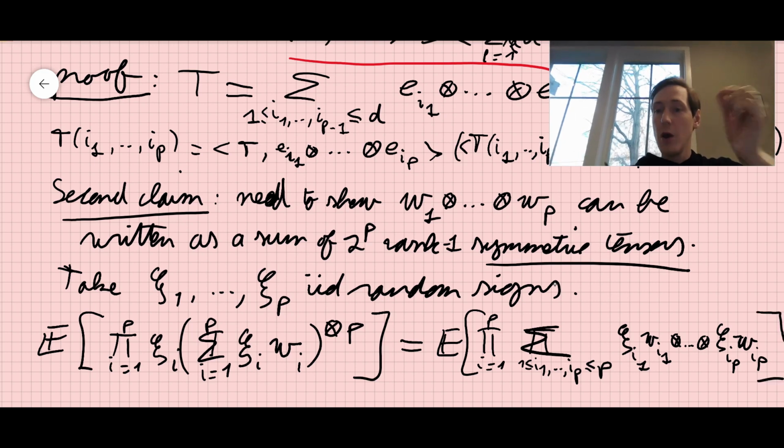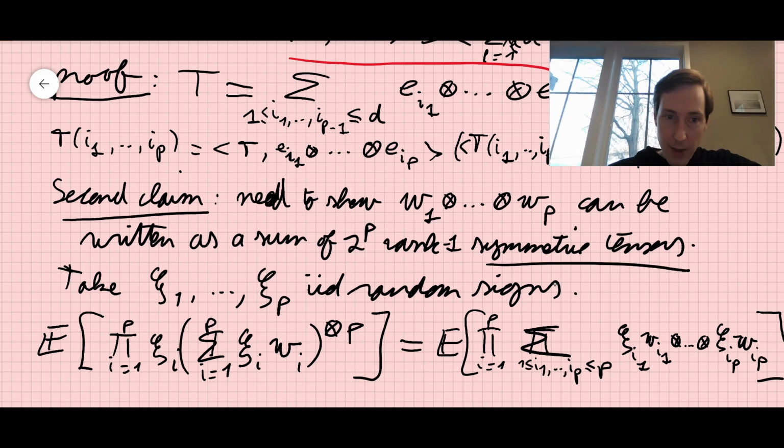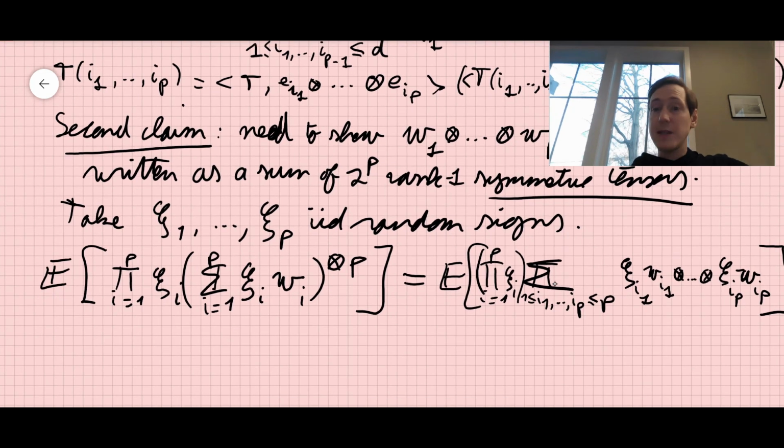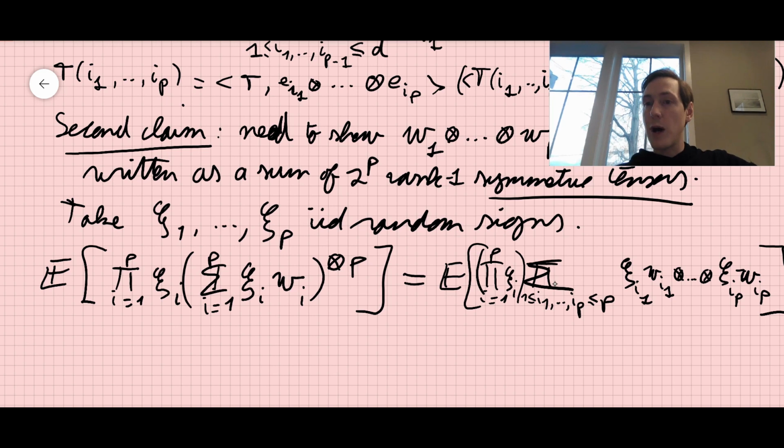I have taken one element from the first sum, one element from the second sum, etc., and I multiply all of those things. And in here I had the product of xi I. Now here is the miracle. Everything disappears in this expectation, except if in I1 up to IP I have exactly one element of each.